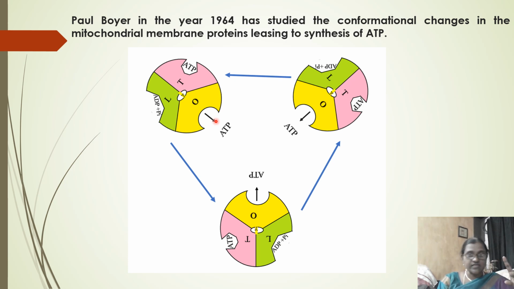For one cycle of conformation changes of the beta subunit, 3 ATP will be synthesized. So this is what is explained by Paul Boyer in the year 1964. So this is how ATP synthesis will be taking place.